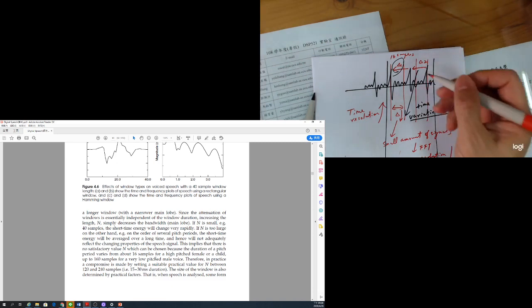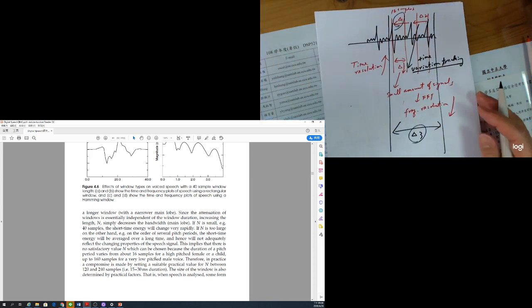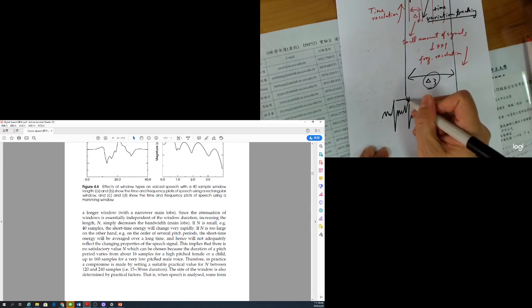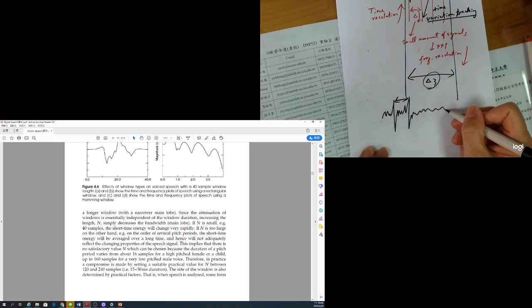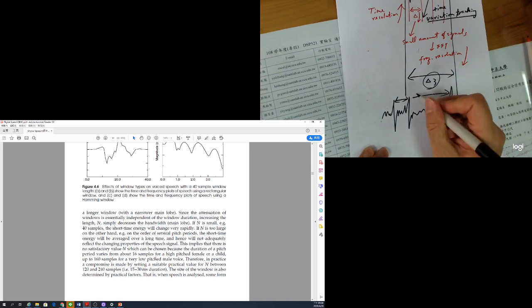For some low-frequency males, like an elderly, older guy, it could be larger than 160. So some speech signals have a very short pitch, and some have a bigger one.